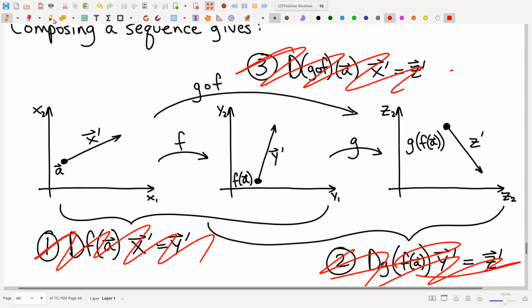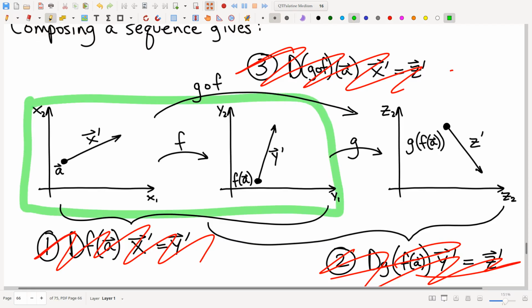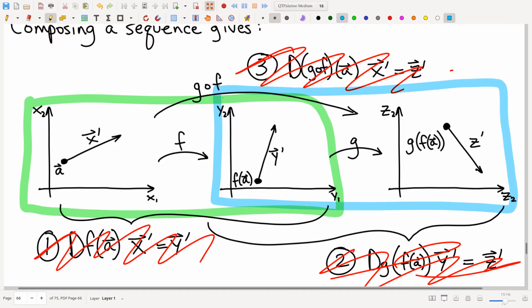Let's just look at composition of functions here. Here is a multivariable function. The input variables are x1 and x2, output variables y1 and y2. Here is a subsequent multivariable function. The inputs are y1 and y2.